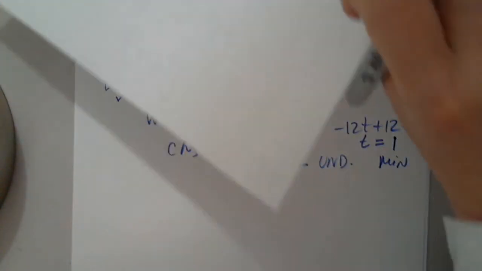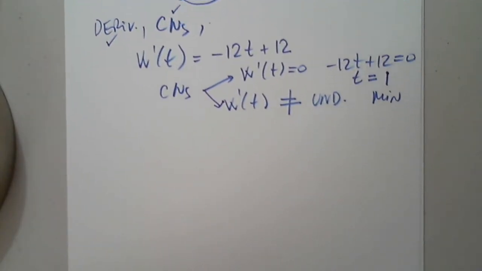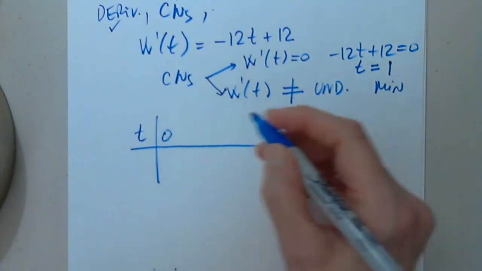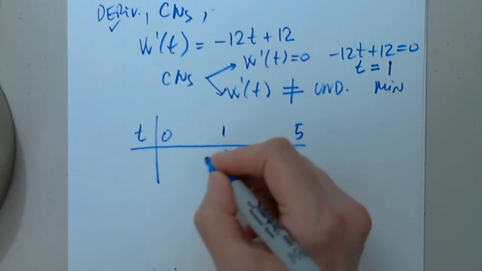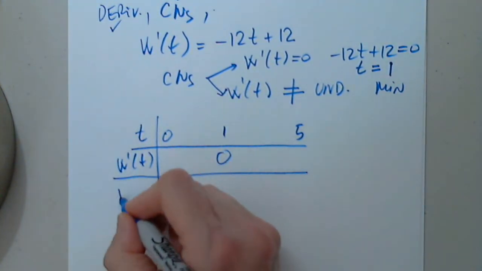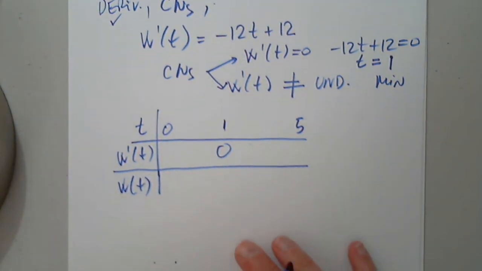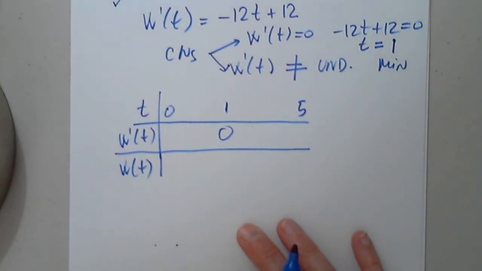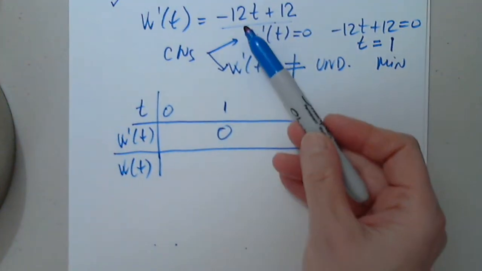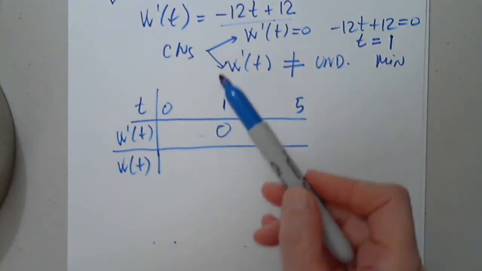So we claim that this is the maximum, but how do I know? I don't know. So I'm looking at the derivative. I plug in 0. What is the sign when I plug in 0?